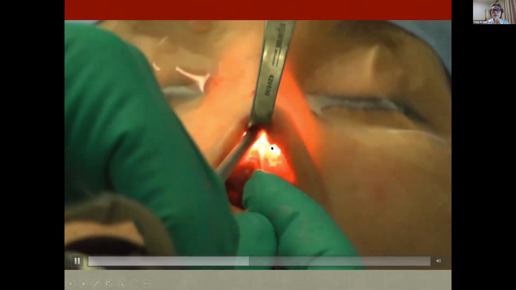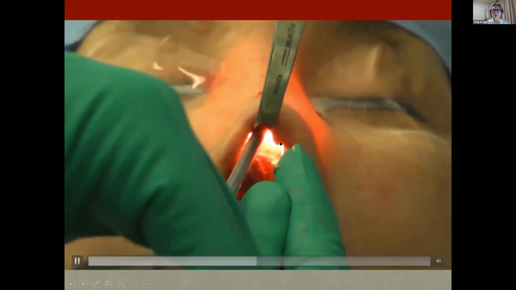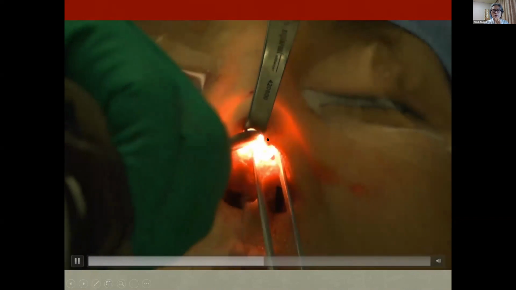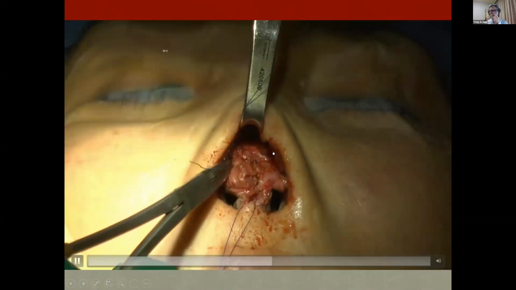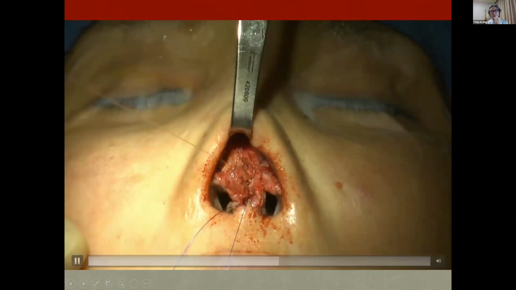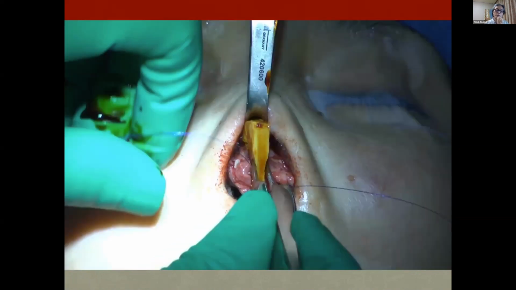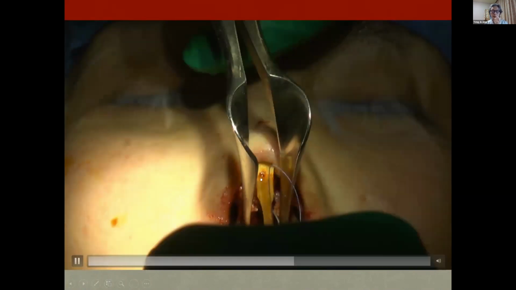And then there occurred a mucosal defect on the upper lateral cartilage right here. So I covered it with perichondrium. And then I just closed the septal mucosal flap, which was partly dissected. And then I implanted the L-shaped implant made of 6th rib.